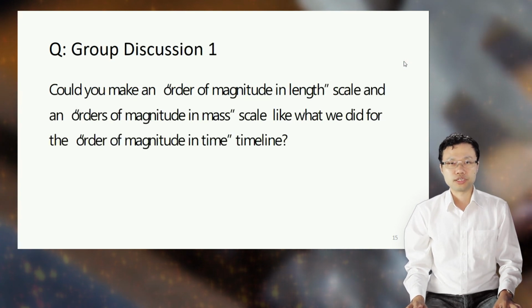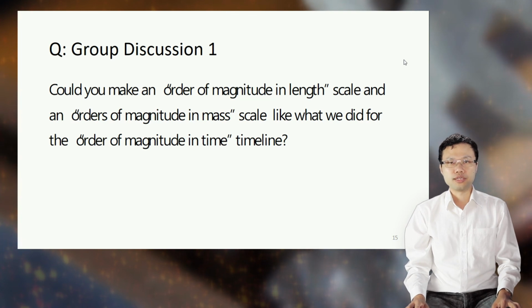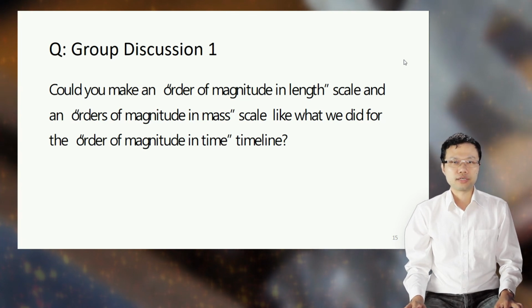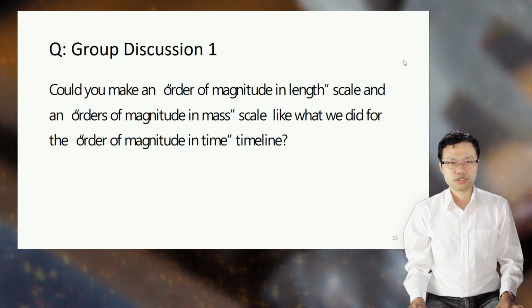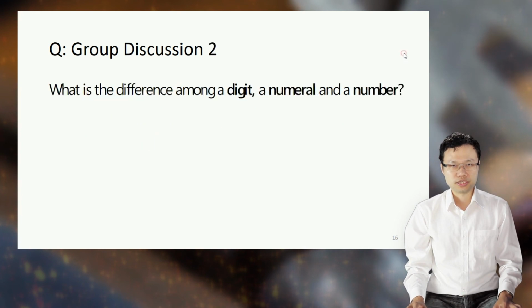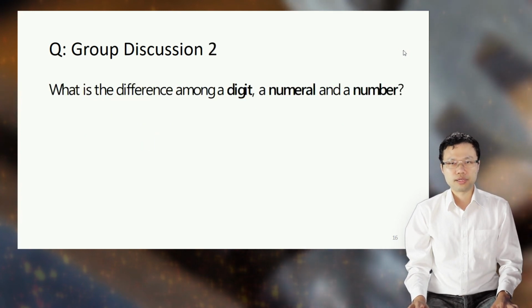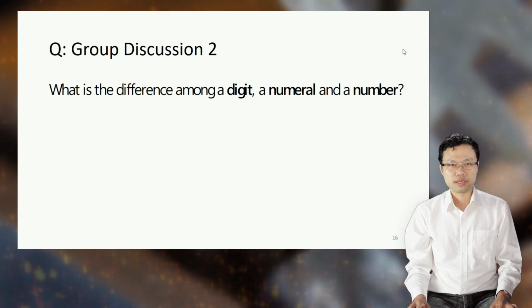The first question is, could you make an order of magnitude in length scale and an order of magnitude in mass scale, like what we did for the order of magnitude in time timeline? The second question is, can you find out the meaning of a digit, a numeral, and a number, and tell the difference among them?